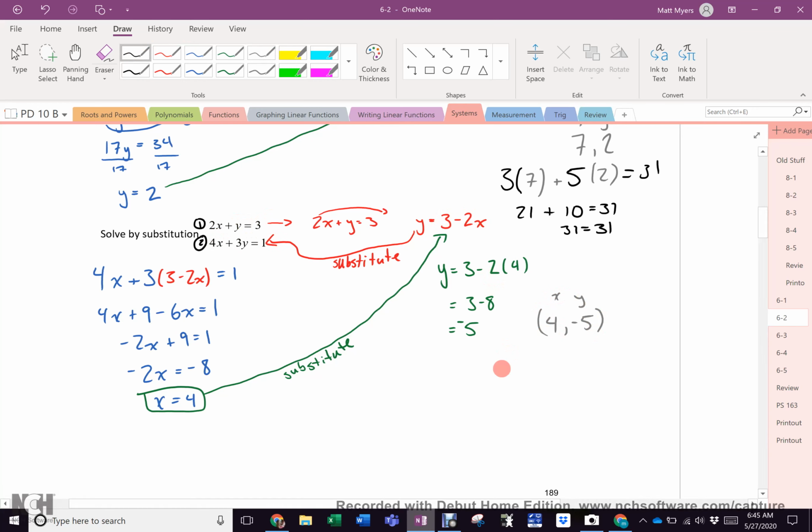The other one was 4 times x, times 4, plus 3 times y, but y is negative 5, equals 1. 4 times 4 is 16, plus 3 times negative 5 is negative 15. 16 minus 15 is 1. 1 equals 1. Works in my universe, so I know my answer is right.